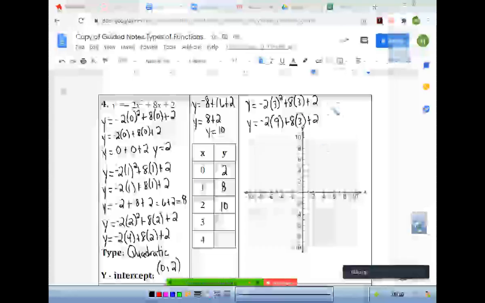We're going to have negative 2 times 9. 8 times 3. 24. Negative 18 plus 24. 6 plus 2.